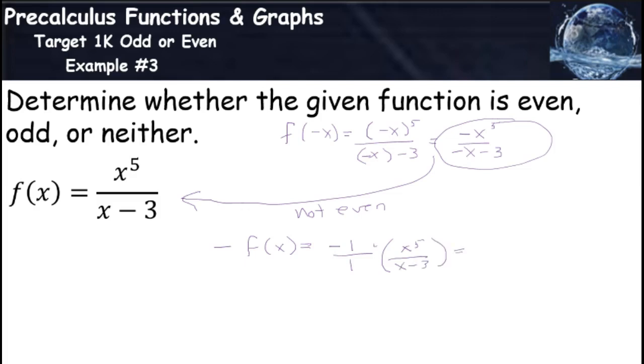And when I multiply this through, I get negative x to the 5th on top, and on the bottom I have x minus 3. So now I'm going to compare these two. And are they equal? And they both have a negative x to the 5th on top, so it's looking good, but this has a negative x and a negative 3, while this only has a positive x and a negative 3, so this means they're not odd. So that means it's neither.